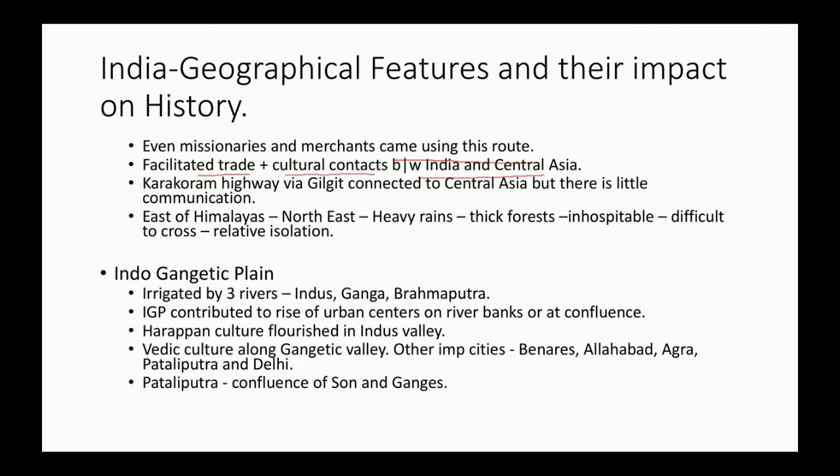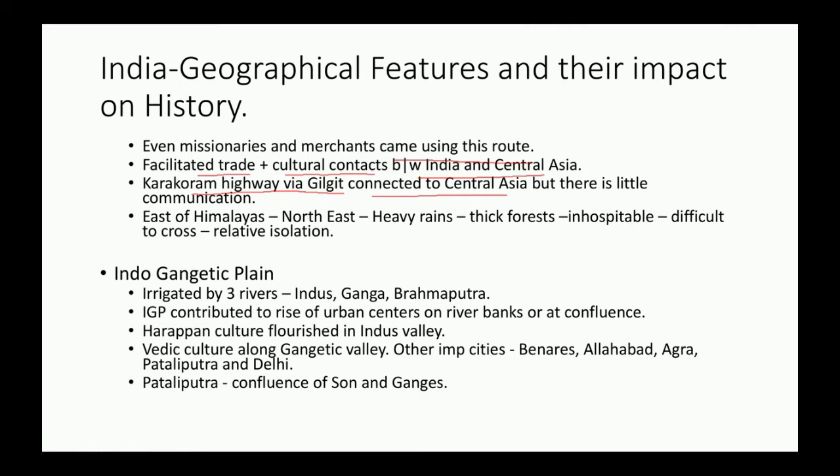To the north of Kashmir, we have the Karakoram range. Here, the Karakoram highway via Gilgit connected to Central Asia, but compared to other northwestern passes, this route has very little communication.